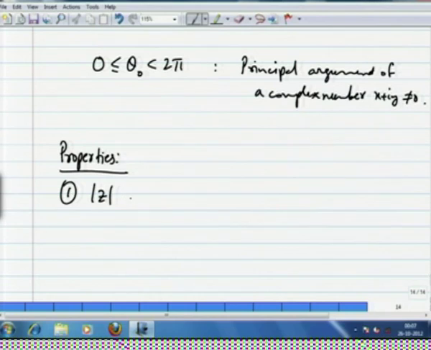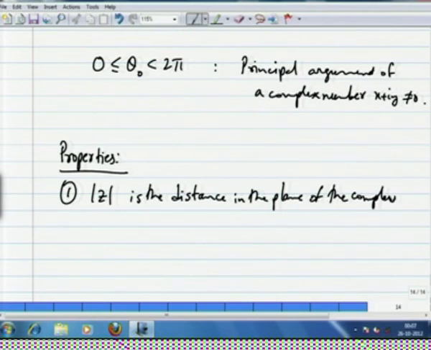And then the modulus of z satisfies the following properties. Modulus of z is the distance in the plane of the complex number z from the point 0.